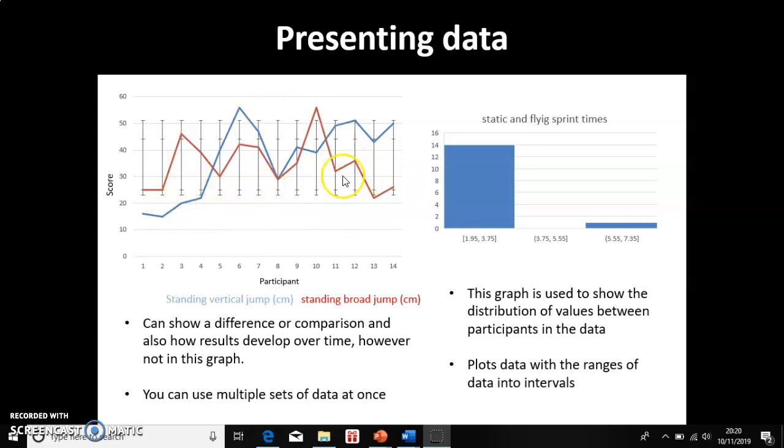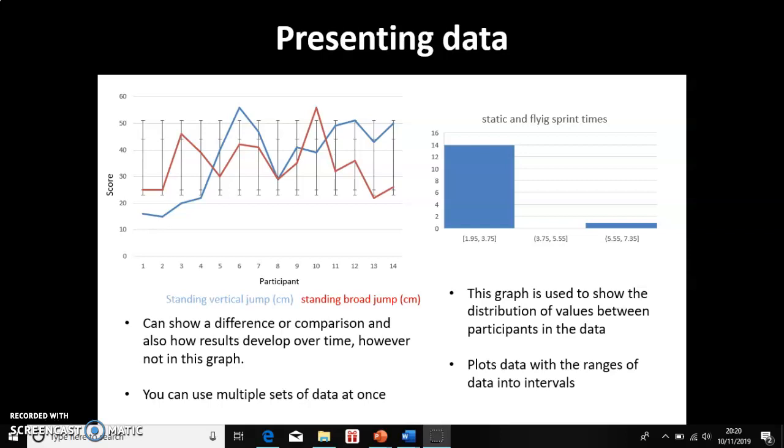You can visually see what the participant scored, how they vary from the other test, and how they vary from each other, and there's quite extreme variance. So these error bars or standard deviation bars basically show the variance in the results, and basically if they overlap, it means that the data is likely to be statistically significant to each other.